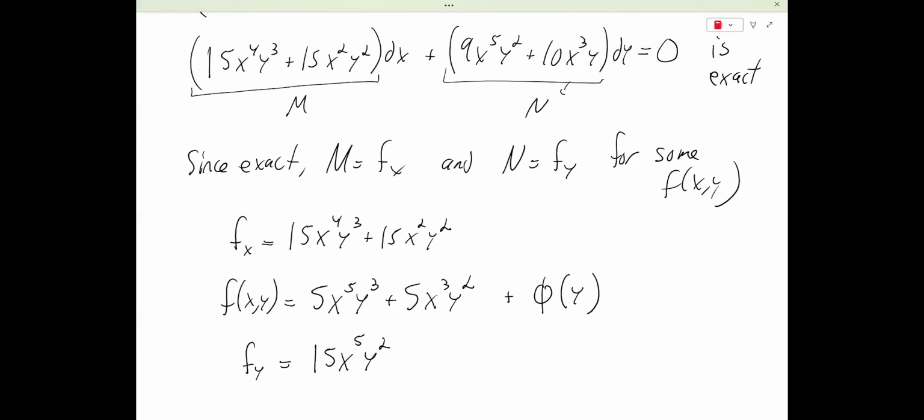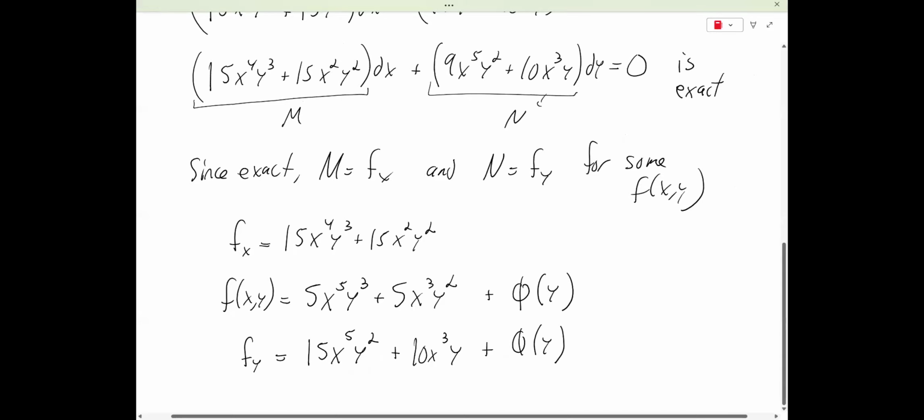So yeah, 15x to the fifth y squared. I hope this works. And then the next one, the partial with respect to y, would be 10x cubed y, like that. Plus some function of y over here, like this.